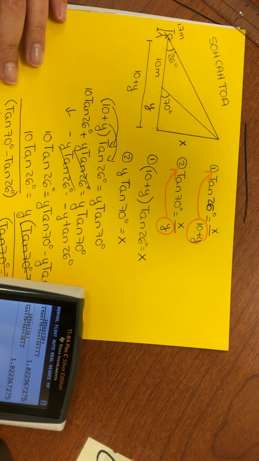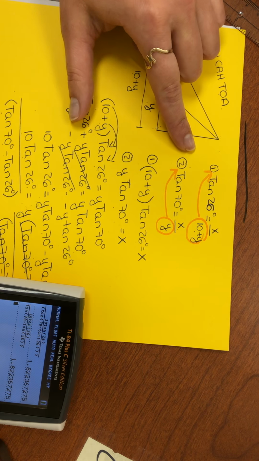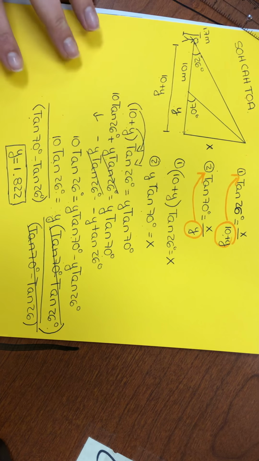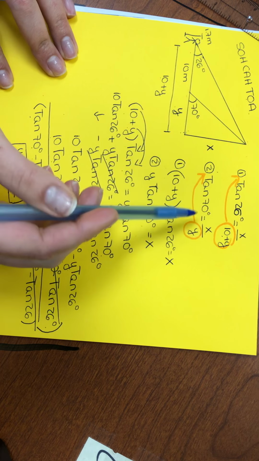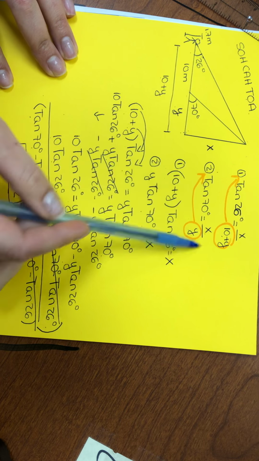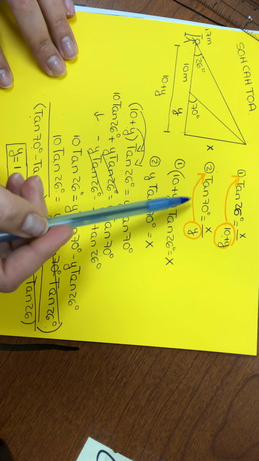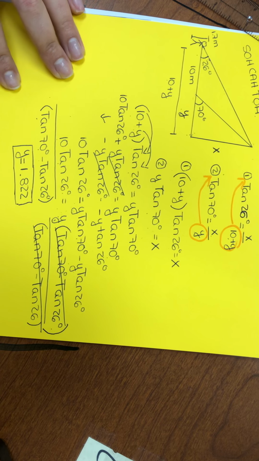Now that we have the value of y, we can just plug it in any of our 2 original equations to solve for x. Now we can choose any of those 2, but this one looks better because this one doesn't have this ugly stuff in the bottom, 10 plus y in the bottom. So let's just choose equation 2, which seems to be easier.